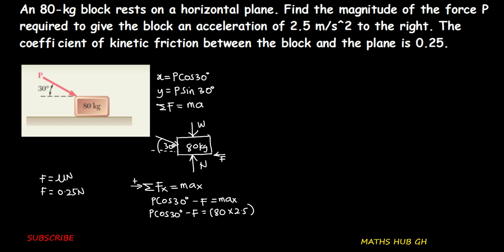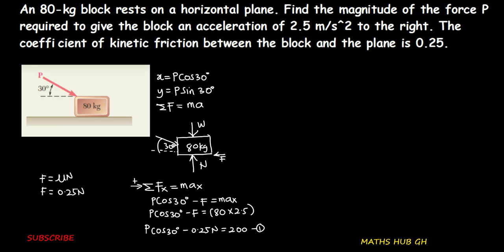There's another force P. Now let's do the substitution: P cosine of 30 degrees minus 0.25 multiplying N is equal to 200. This becomes our equation 1.